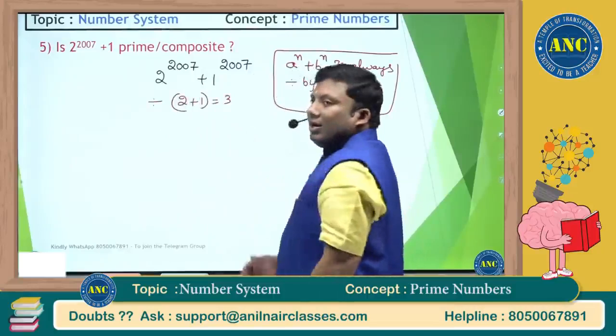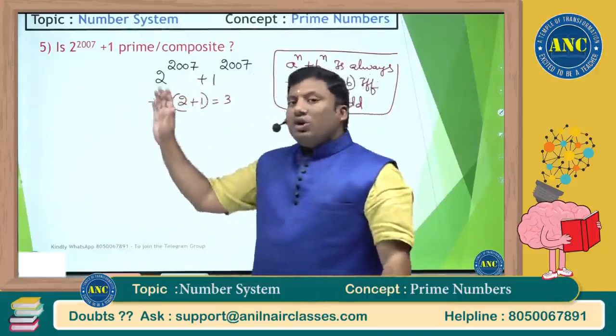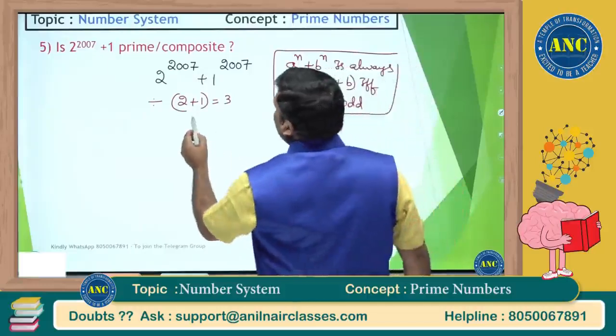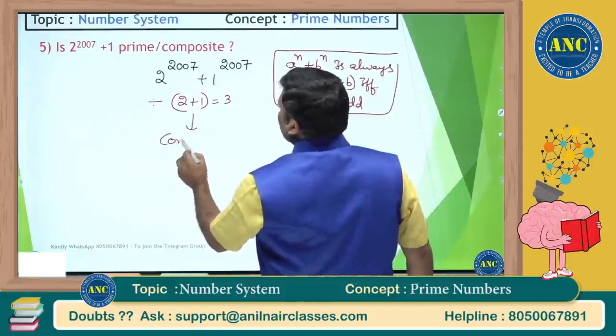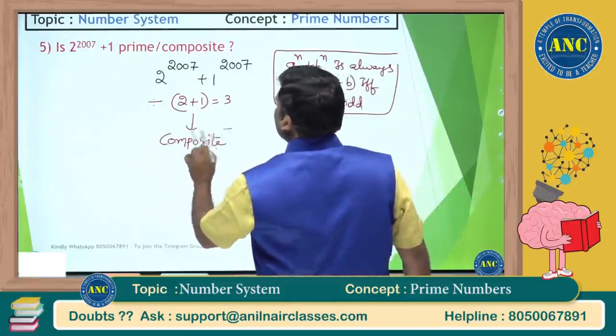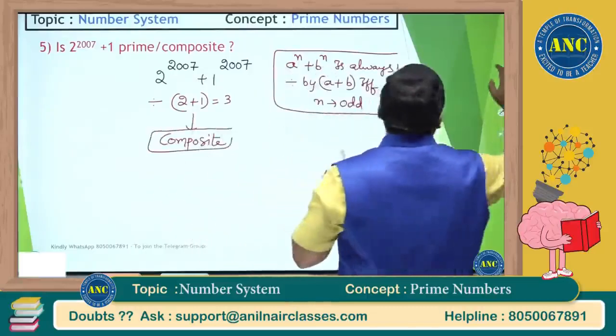If a number is a prime number, it should have only two factors, 1 and the number, but it has got 3 as a factor. Therefore, the number is a composite number.